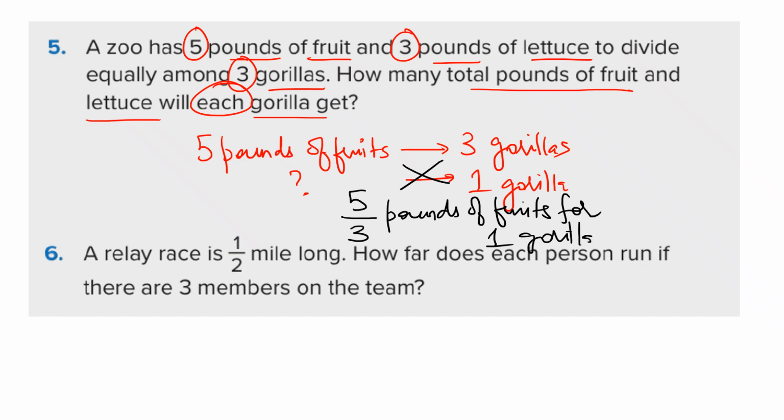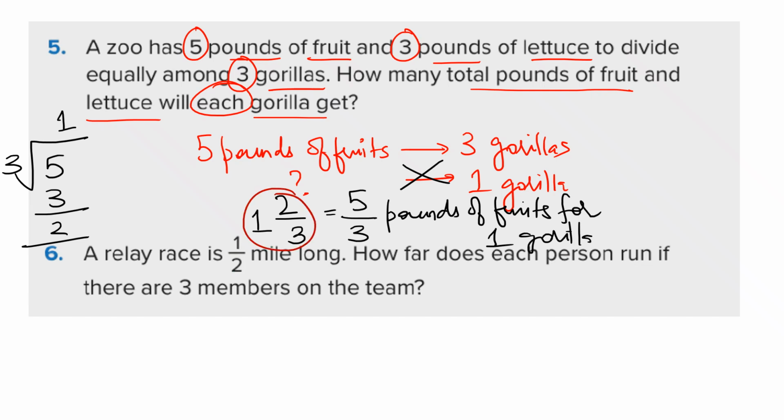Now, this I can convert to a mixed fraction because I can divide 5 by 3. 3 times 1 is 3, remainder is 2. So how can we write? We can write the same denominator 3, then 3 multiplied by 1 plus 2. So this is also a correct answer. I just converted it to a mixed fraction. So I have only done this for fruit so far.